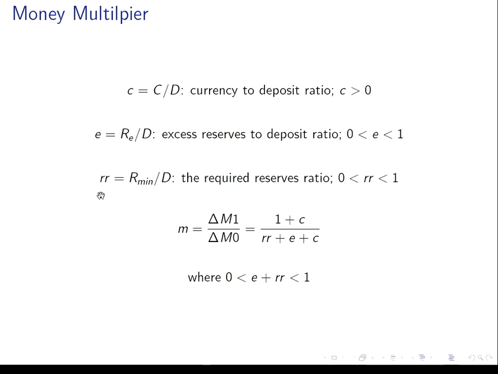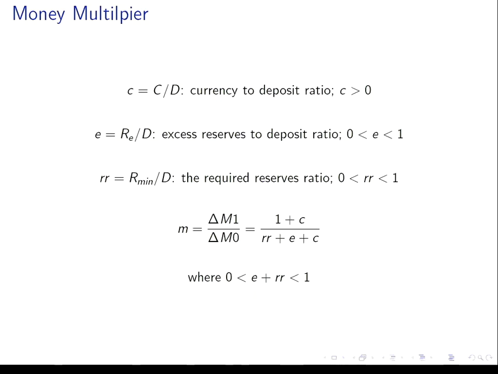And the required reserve ratio is, as we already know, the total minimum reserves that banks are supposed to hold divided by the total deposits. And what we are saying here is that the money multiplier in that case is equal to 1 plus the currency to deposit ratio, divided by the required reserve ratio plus the excess reserve ratio plus the currency ratio. Okay?